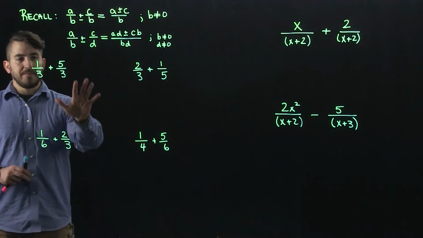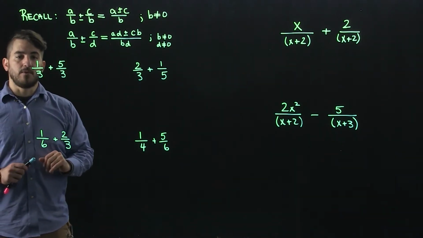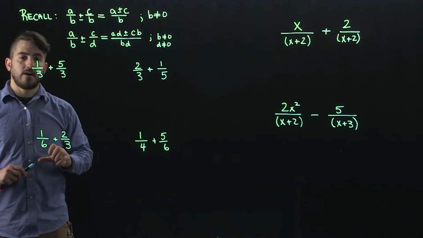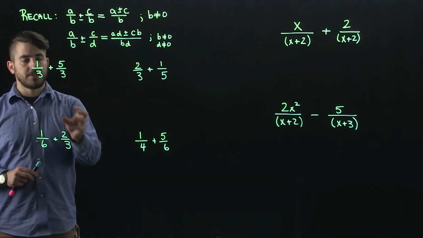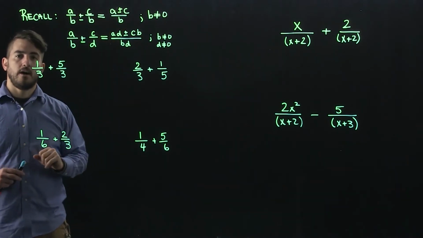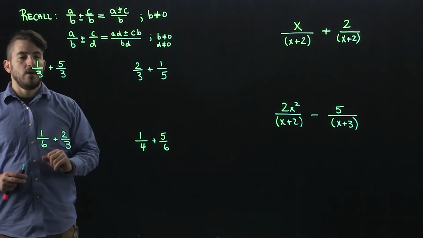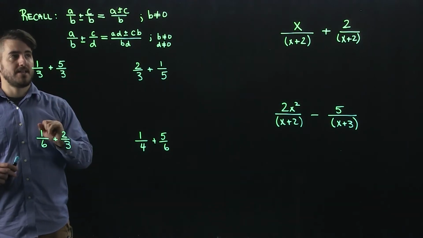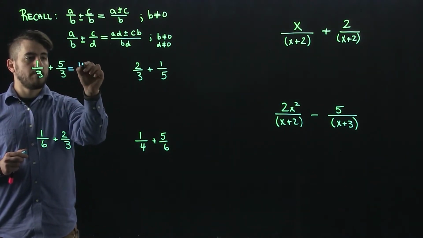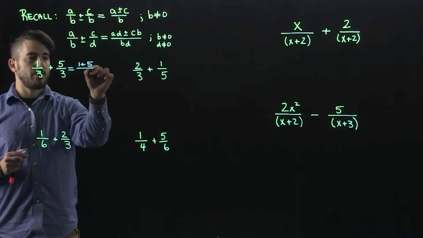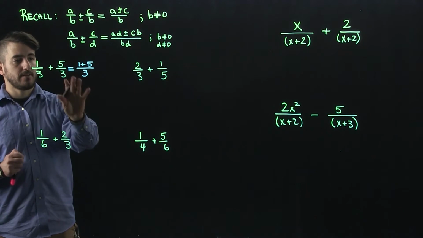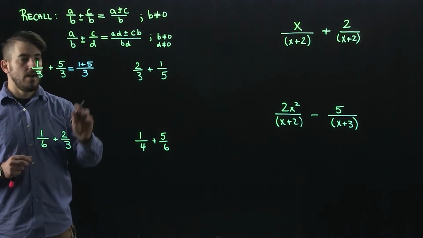So here we see in our first example is the sum of 1/3 plus 5/3. Now, casting aside the physical idea of what's happening here, we're just going to apply the arithmetic approach to this. We see that they are common denominators, so this can be written as 1 plus 5 over 3. And so now we just add across the numerator, leaving the denominator alone.